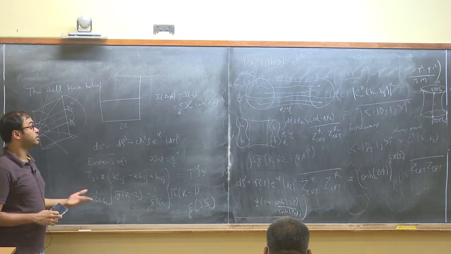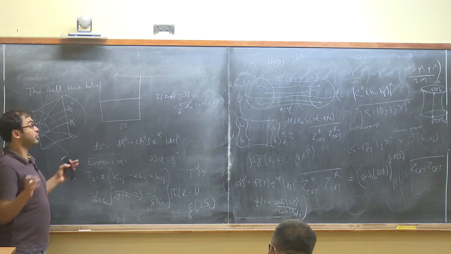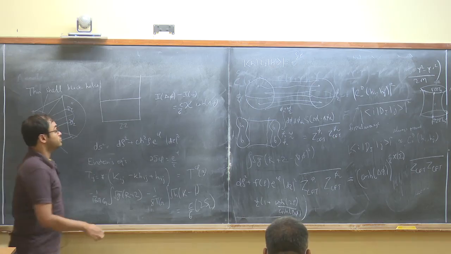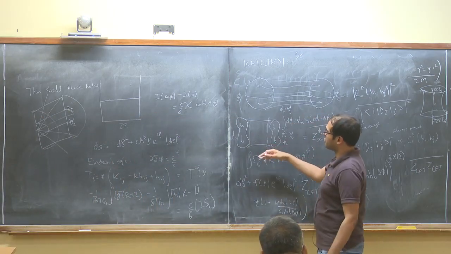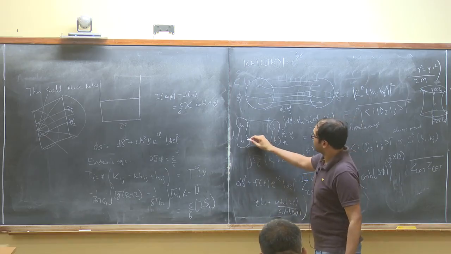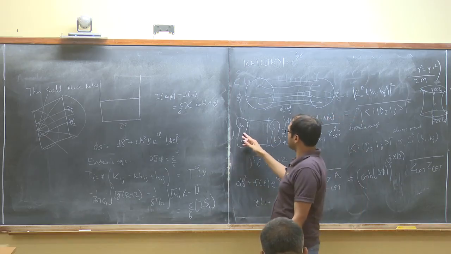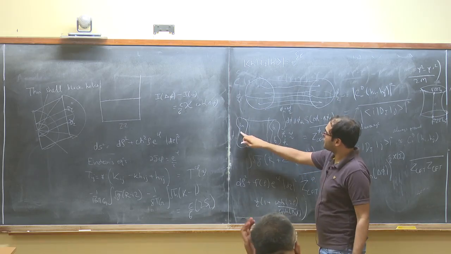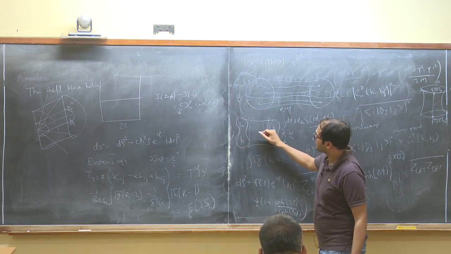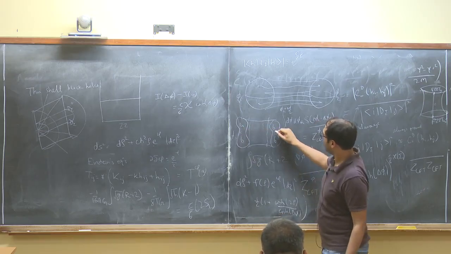In fact, in this case, you can even average over the entire moduli space. So the way to do that is you can compute the analog of the Zamolodchikov metric. The Zamolodchikov metric is nothing but the 2-point function of the dilaton. But now you can compute the 2-point function by inserting a dilaton here and here.